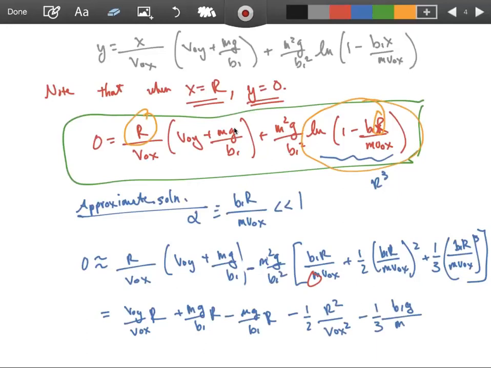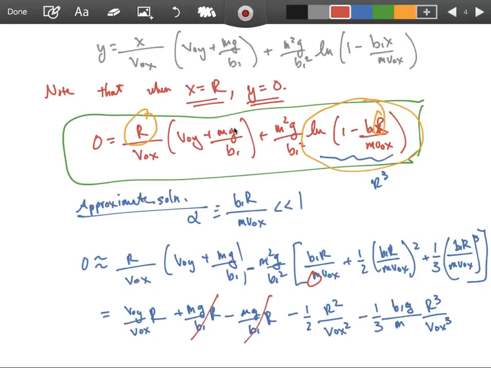And then I'm going to have an r cubed divided by the initial x cubed. Okay. So notice that this term here is the same as this term, so that's going to cancel out, and then I'm going to be left with just some other terms.